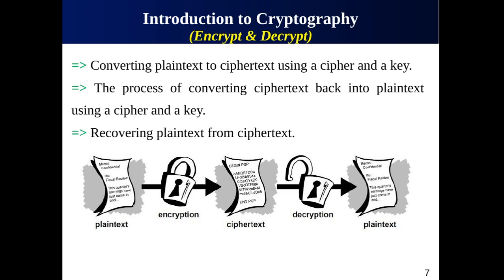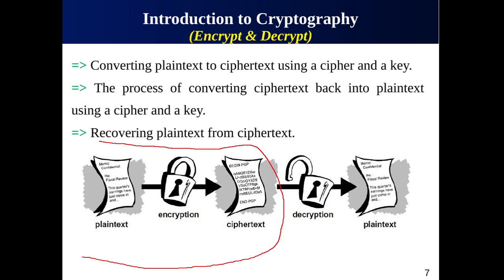Let us see what is encryption. The process of converting plain text into ciphertext by using the algorithm and the key is known as encryption. Here in this part, the process of encryption has been depicted.